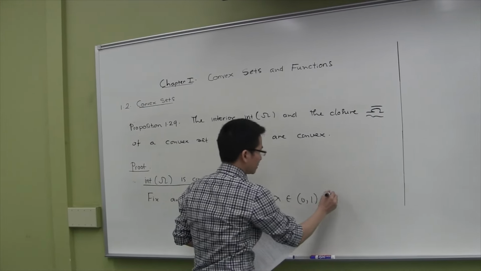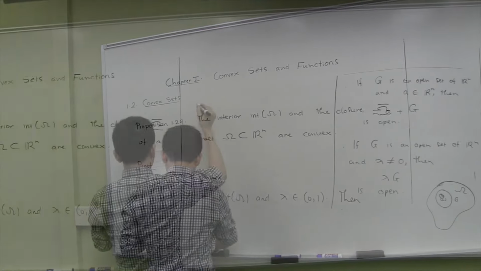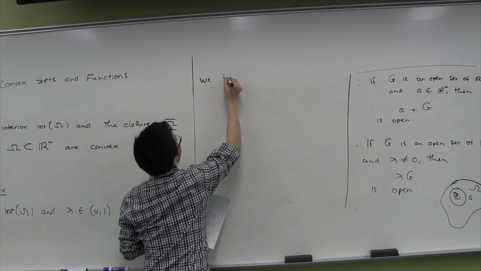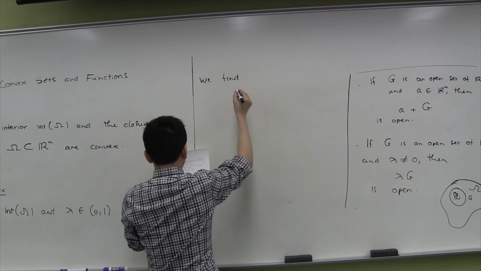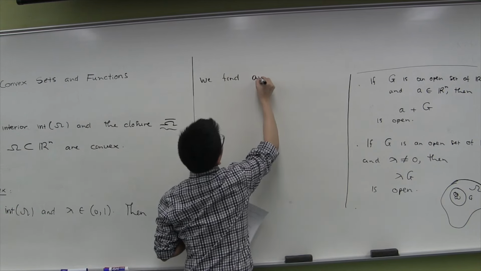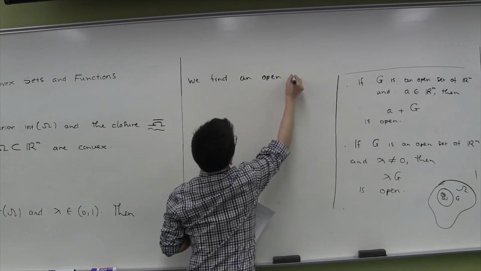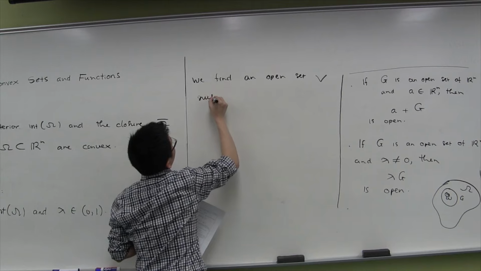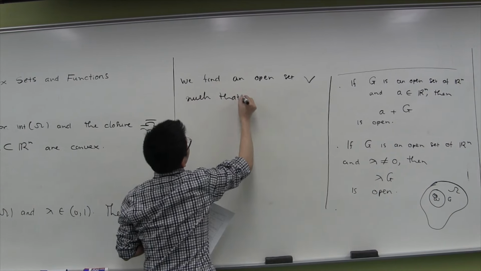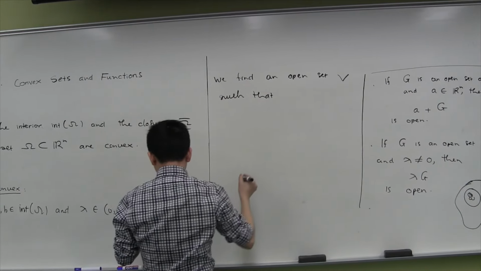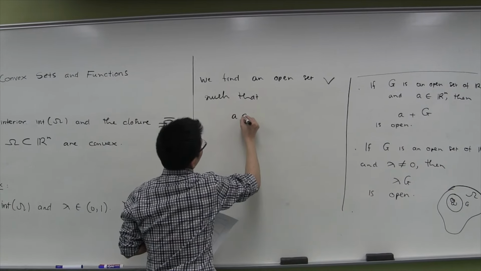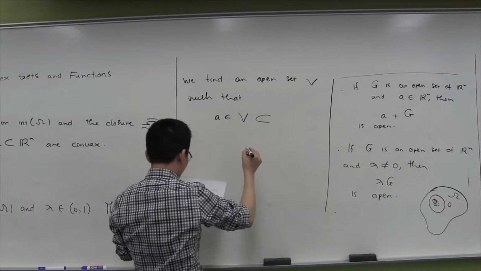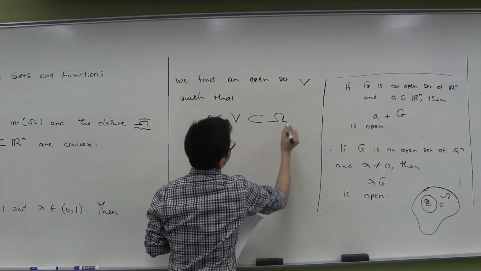Then we find an open set V such that A belongs to V, and V is a subset of omega.